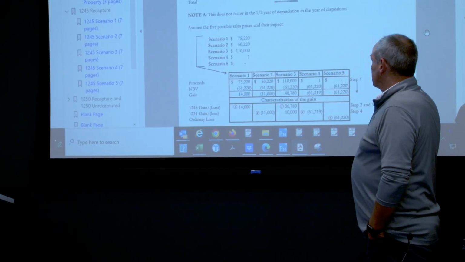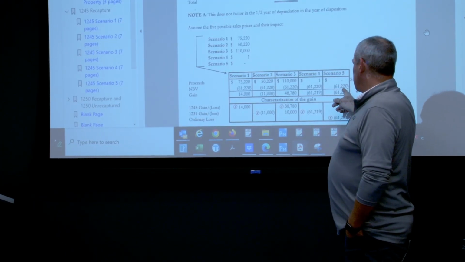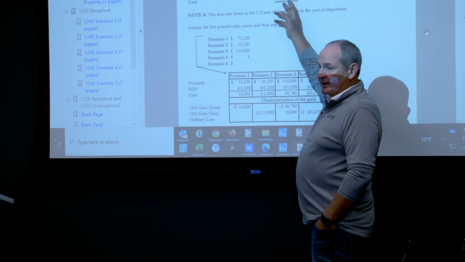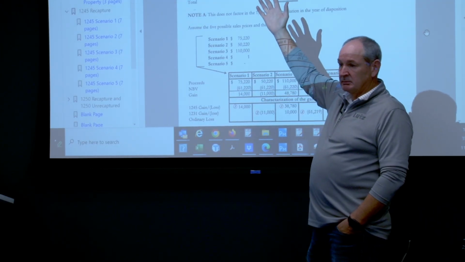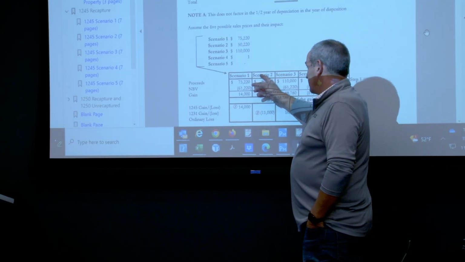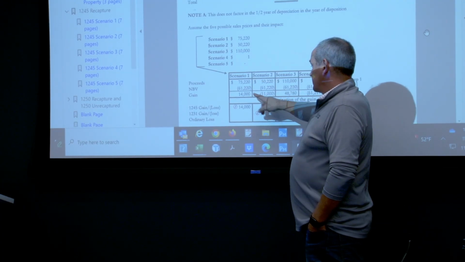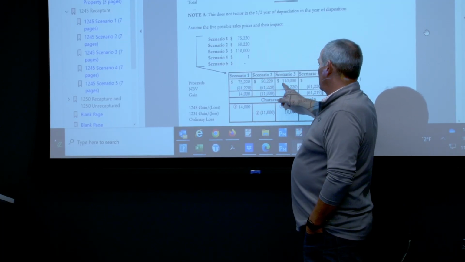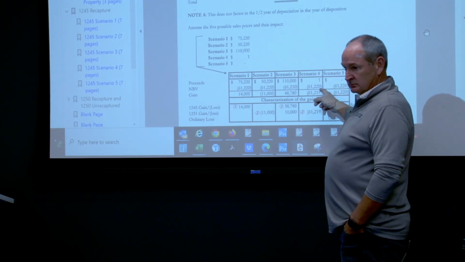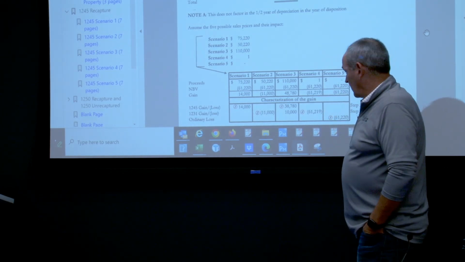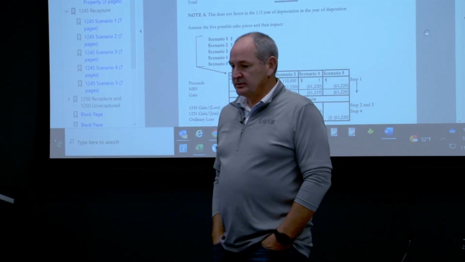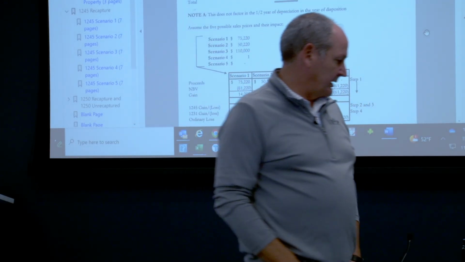And you'll notice my net book value, 61,220, is my 100,000 less the 38, correct? My proceeds line, scenarios 1 through 5, says 75, 220, 50, 220, 110, $1, and 0. Okay. So, did I actually write the procedure on this page? I think I did.